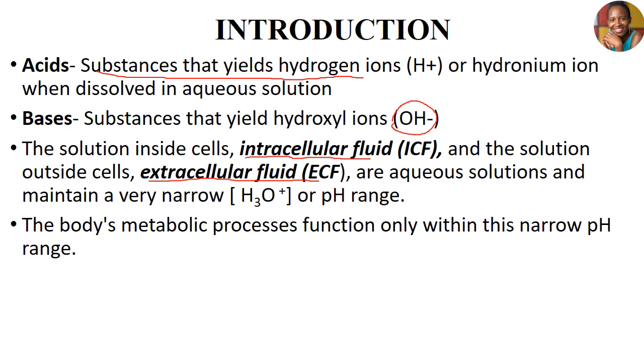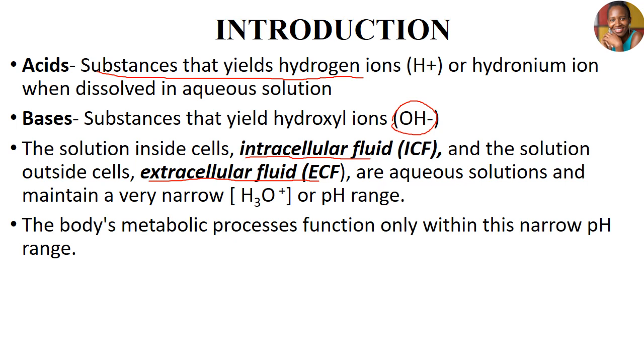So intracellular, by definition, this is fluid that is found within our cells or the solution that's found within our cells. And in the extracellular fluid, this is fluid that is found outside our cell. So as a reminder, intracellular fluid is found in the intracellular compartment, and extracellular fluid is found in the extracellular compartment.